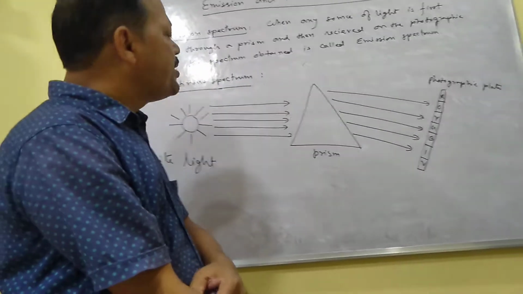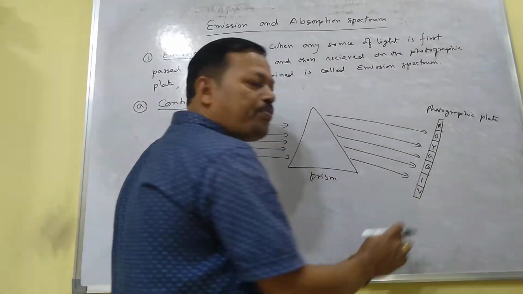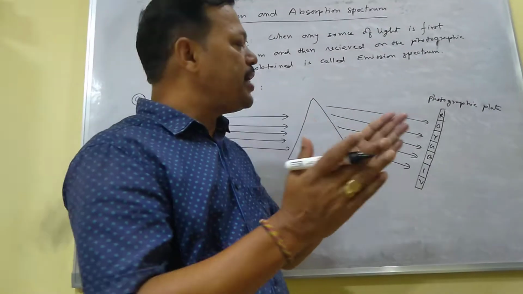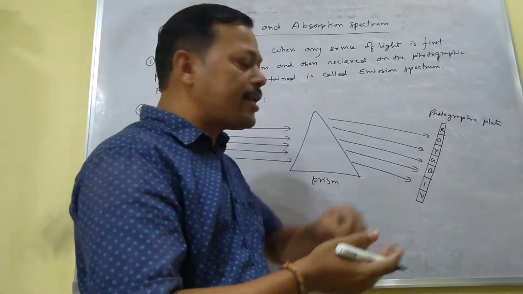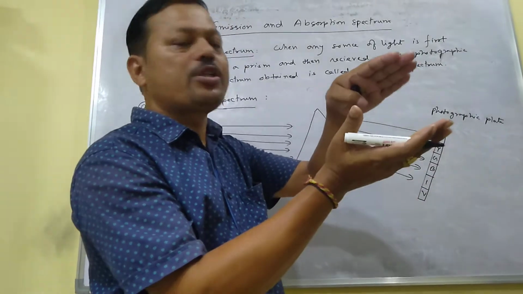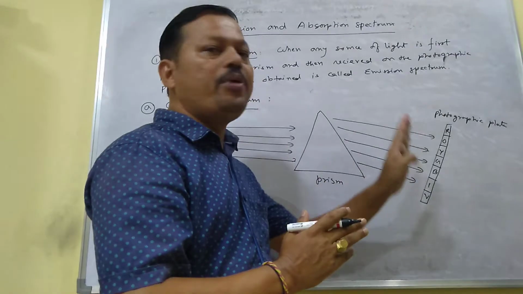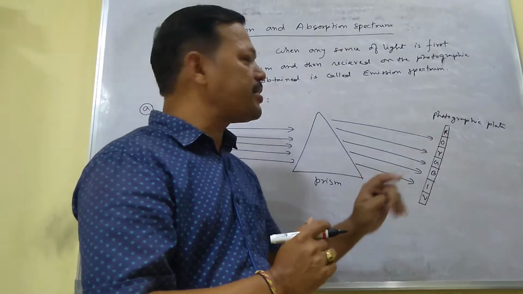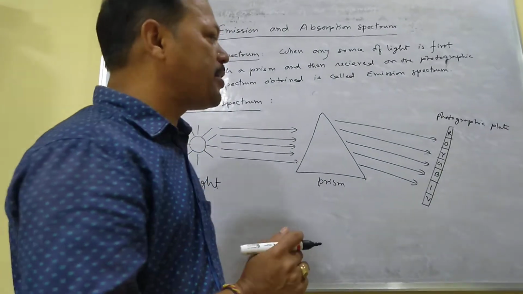Why is it called continuous spectrum? Because in between the colors there is no gap, no dark space, and the colors go continuously from one color to another.